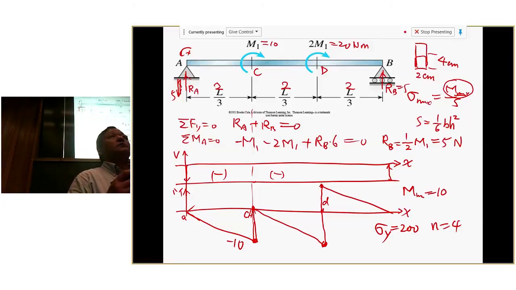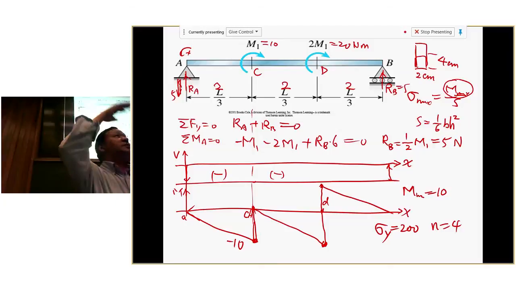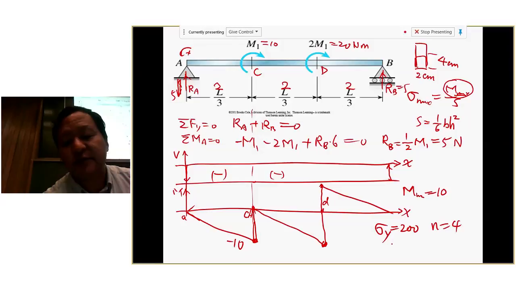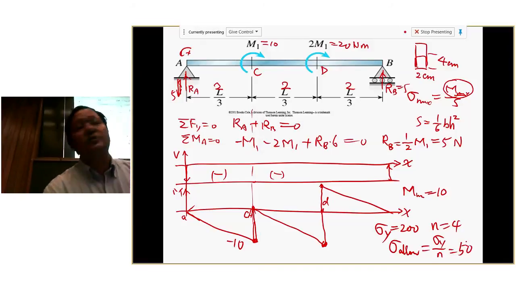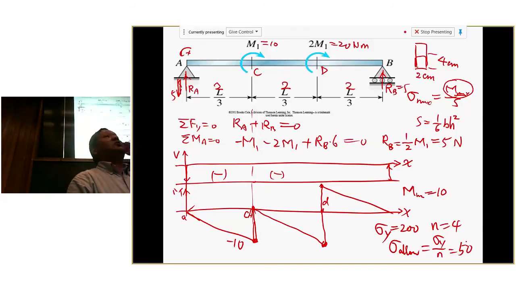Yes. So now you know how much stress you can go, right? How much the stress can go up. So your safety stress, sigma, what we call allowable, right, will equal to sigma y over n. So that's basically 50. So you know I can allow the stress go up to 50. So I know the stress, right?